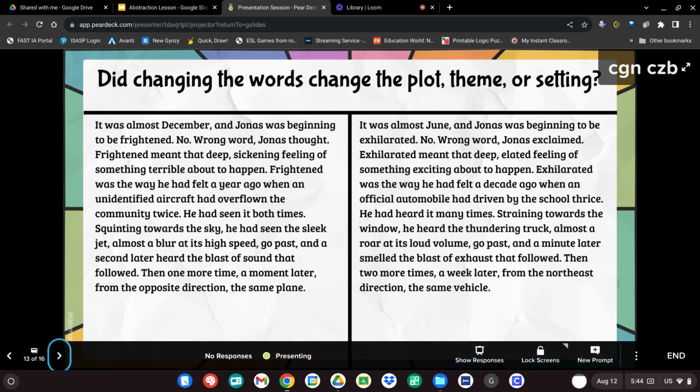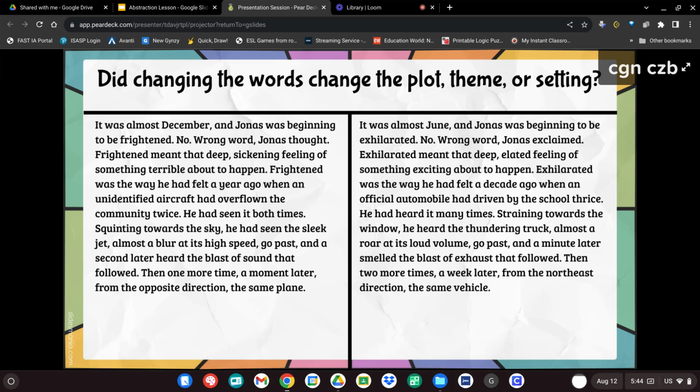And now, maybe this will help you with the last part. Did changing the words change the setting, the plot, or the theme of the story? If we think about it, what was the overall mood of that first paragraph, the actual paragraph from the book?